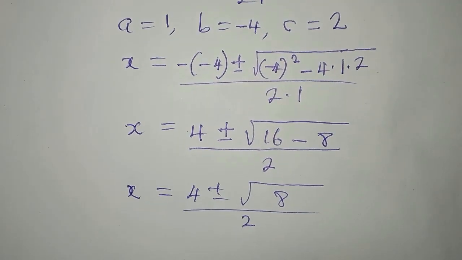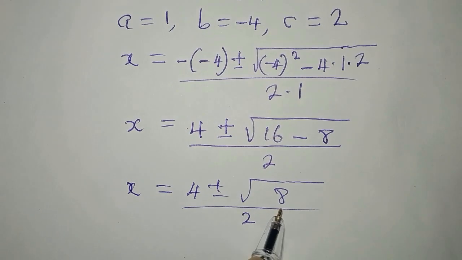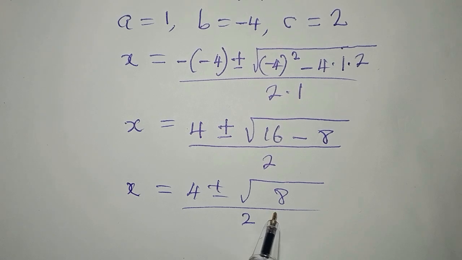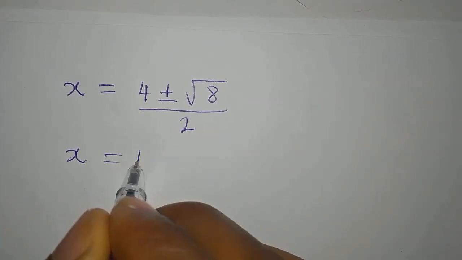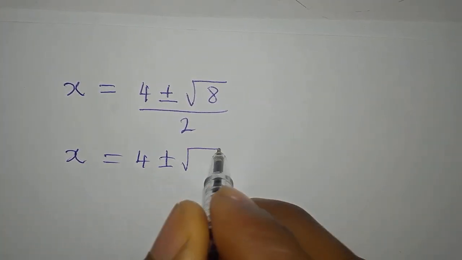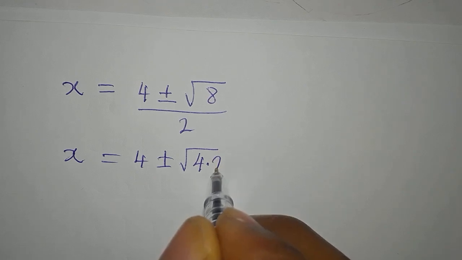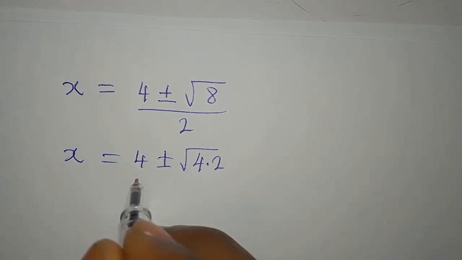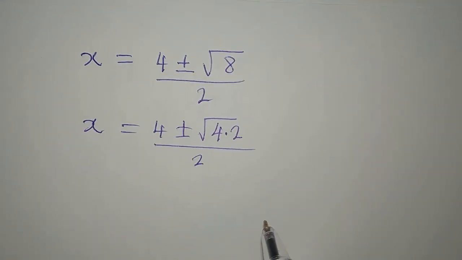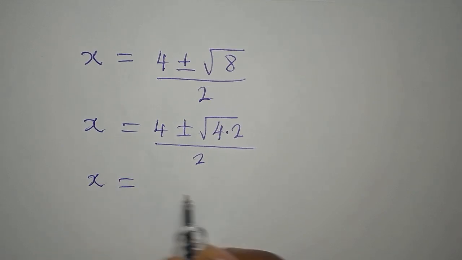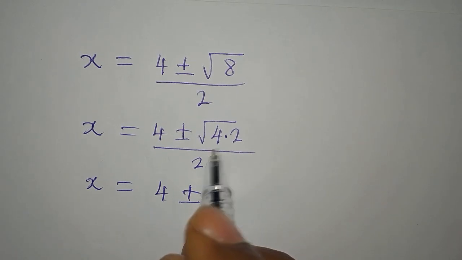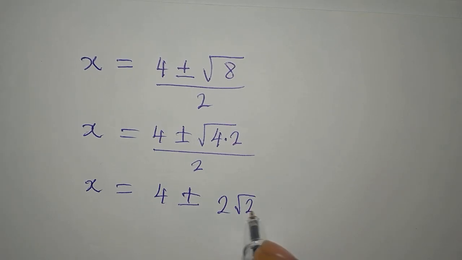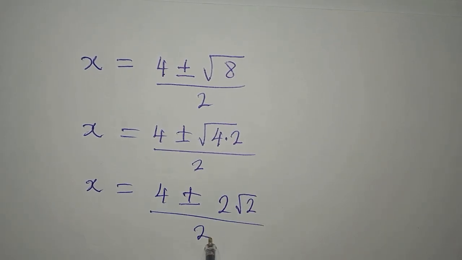What we'll do now is to simplify this root 8. X will now be 4 plus or minus square root of 4 times 2, okay, 8 is 4 times 2, then we divide by 2. Now, x from here is equal to 4 plus or minus square root of 4 is 2, so we have 2 root 2 over 2, right?